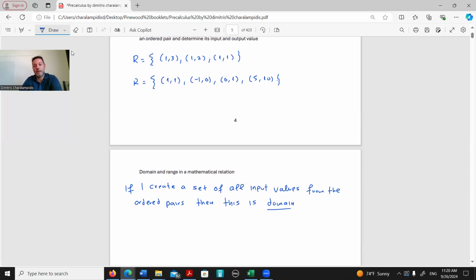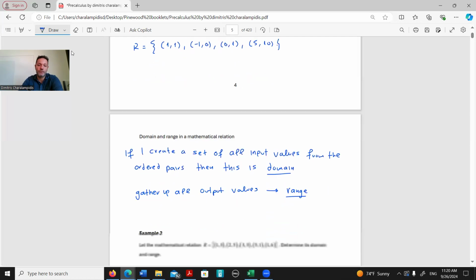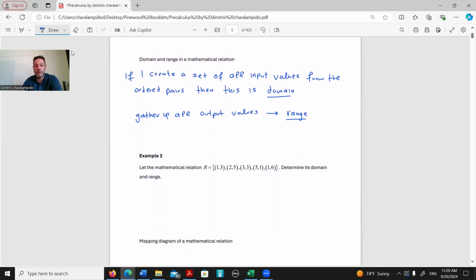And if similarly I gather up all output values, I create a new set which is called the range of the relation. So, remember, all input values of all ordered pairs from a relation create a new set which is called the domain. All output values create another set which is called the range.